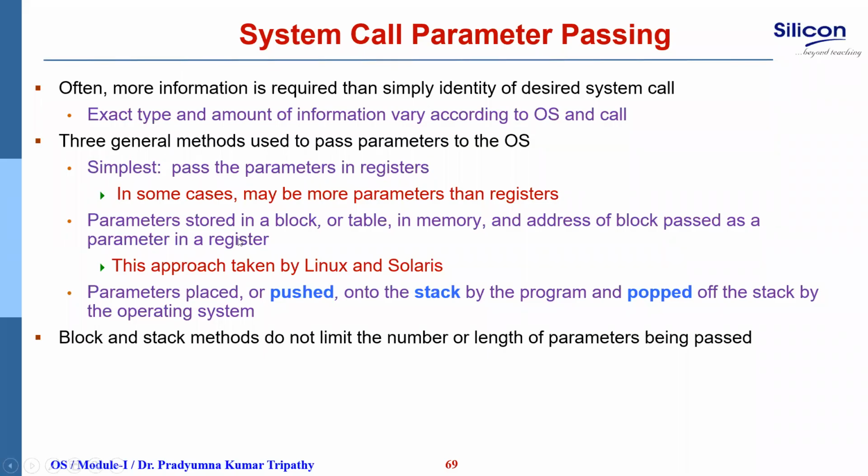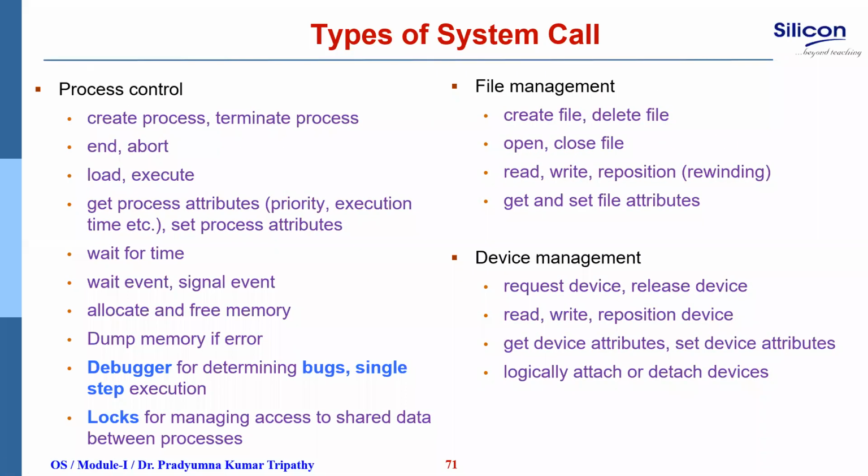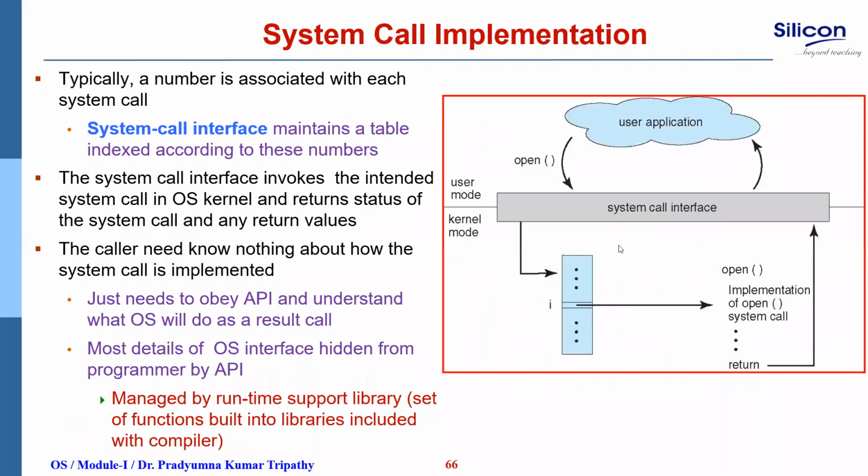Is it understood, or does anyone have a doubt? So this is the way the parameter is being passed. There are different types of system calls. I said there are various system calls; what are these? Some are for file management, some for process management, some for memory management, some for disk management.